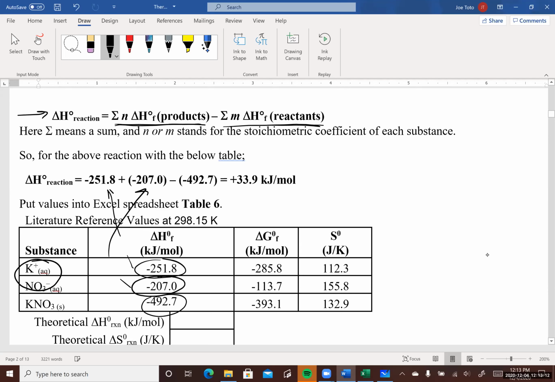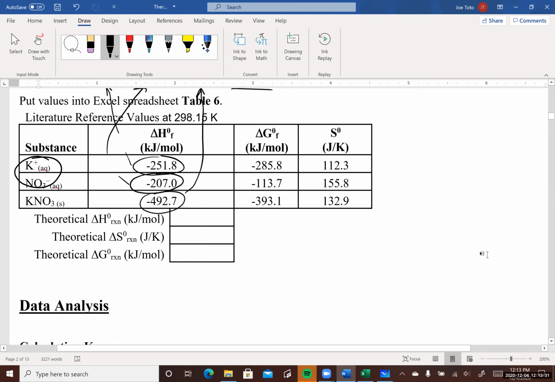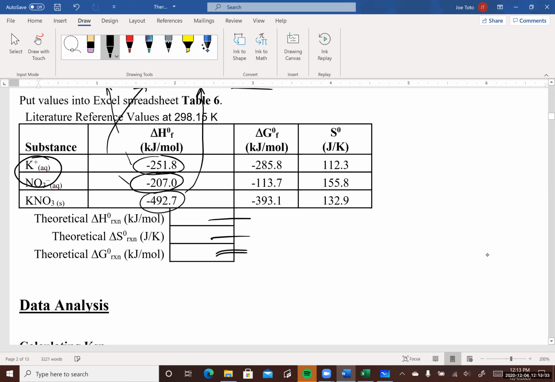And then lastly, this one over here to get an estimate of the delta H of reaction. So it should be endothermic according to these theoretical values. And you're going to put those values in the table here, here, and here.